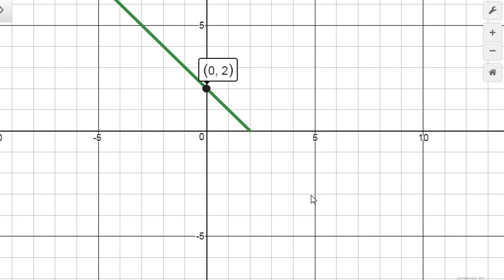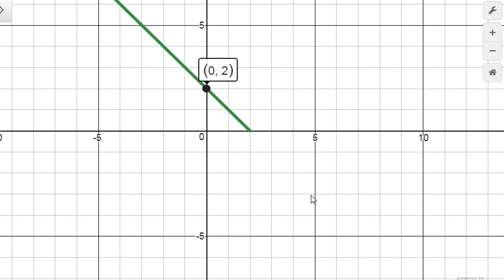So that's going to be 0 minus 2 over 2 minus 0, which is negative 2 over 2, or negative 1. So we got our slope, we got our intercept. So it's y equals negative x plus 2. That's the equation of our line.